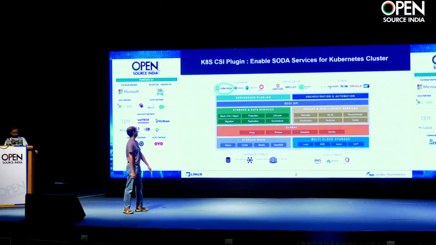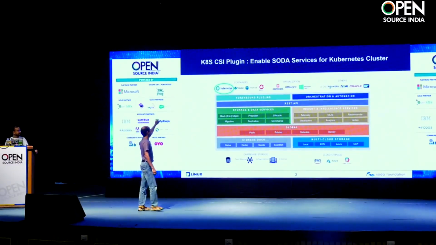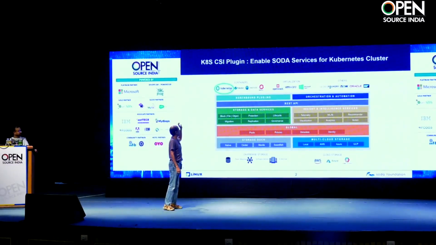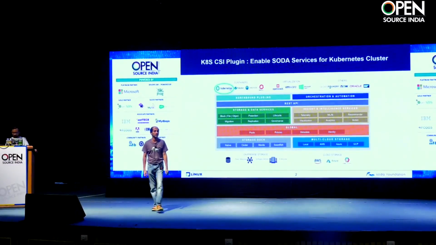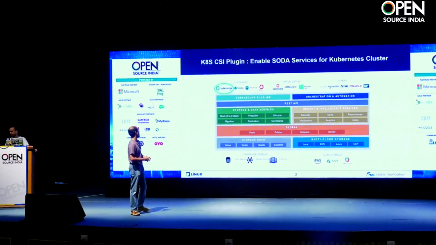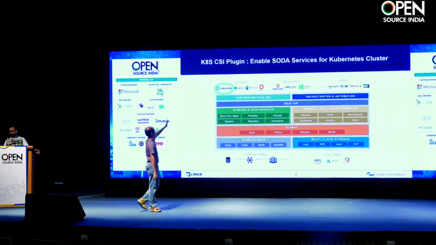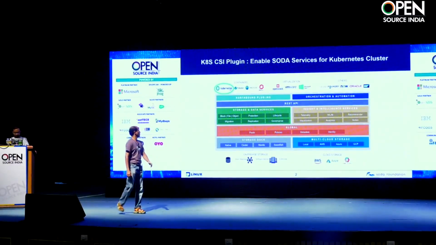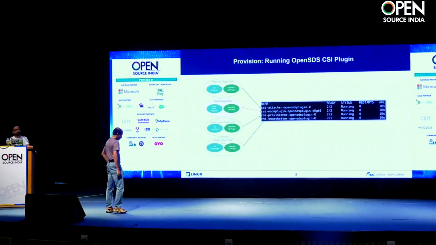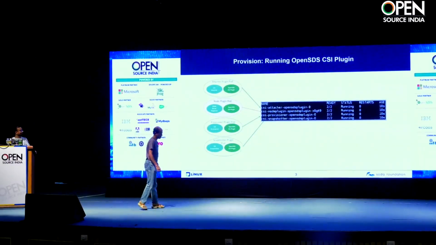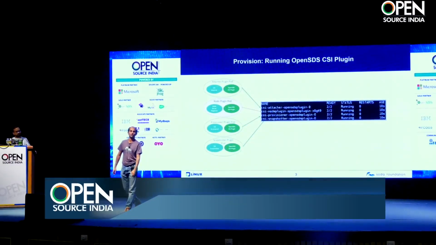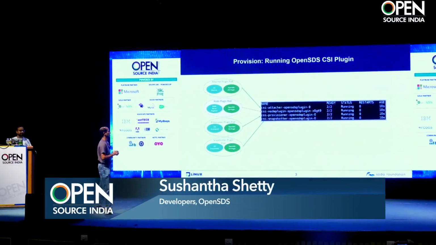The use case we are going to describe is about Kubernetes, a container orchestration system, and how it provides storage provisioning for the Kubernetes workload, and how the system works with Kubernetes plus OpenSDS along with the backend storage. Like Sanil mentioned, Kubernetes follows the container storage interface for storage provisioning.